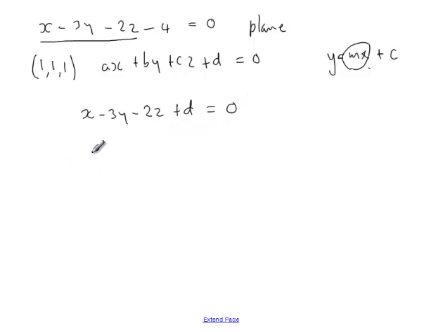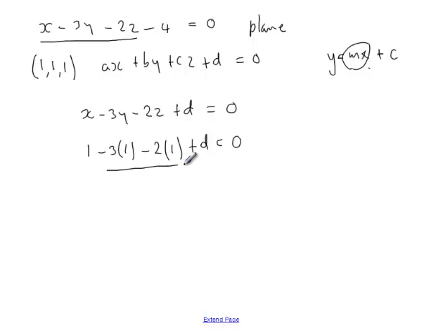Now we know that it passes through this point, which means that the point must satisfy this equation. So in the second step, we substitute: 1 minus 3(1) minus 2(1) plus d. This becomes a new equation with an unknown, which is d. Then we solve for d. What do you get here?